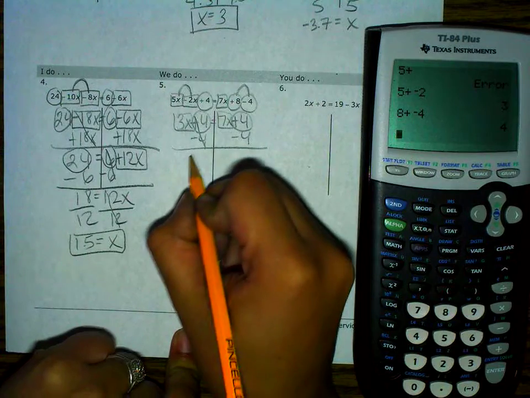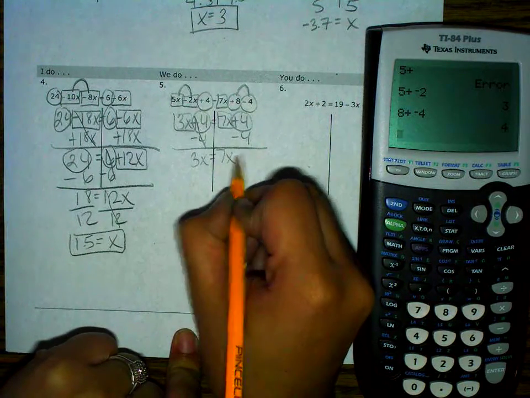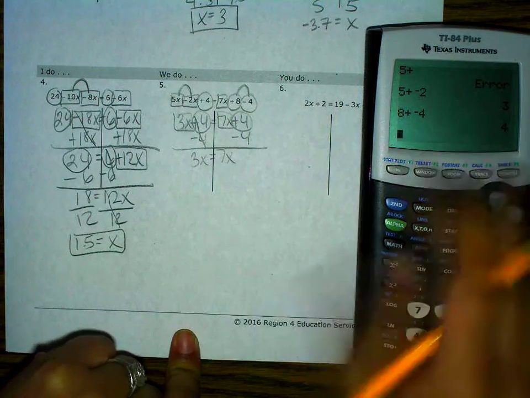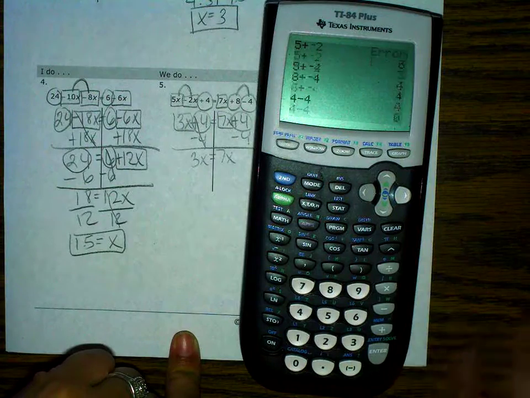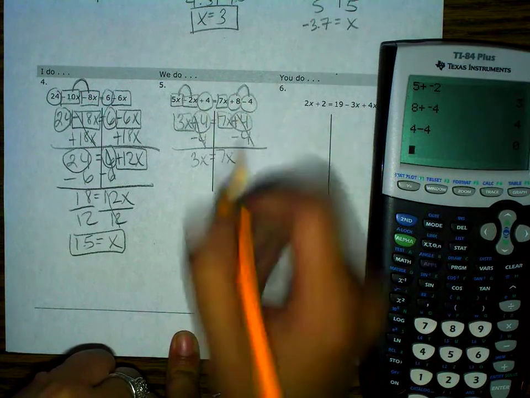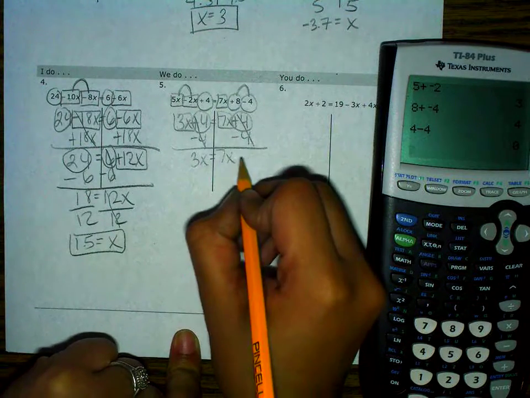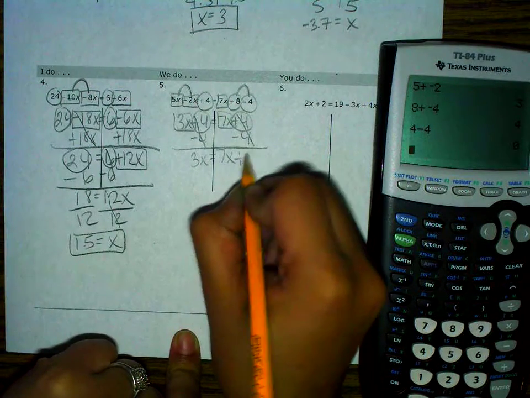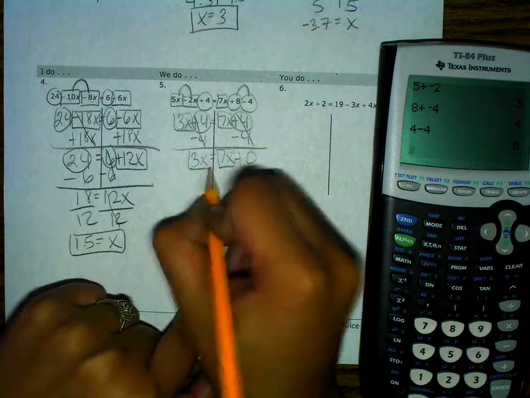Now I have box, circle, box, circle, subtract 4, subtract 4. That went away. 3x remains equals 7x. And 4 minus 4 is 0. So that went away as well. Now I have 3x, 7x, so there's a plus 0 if you want to. So I have box, box, and circle.